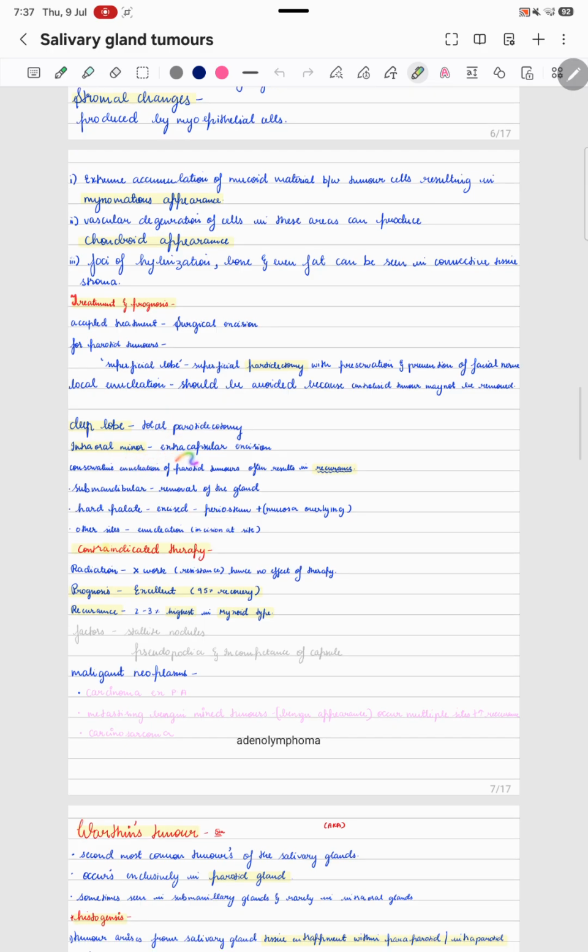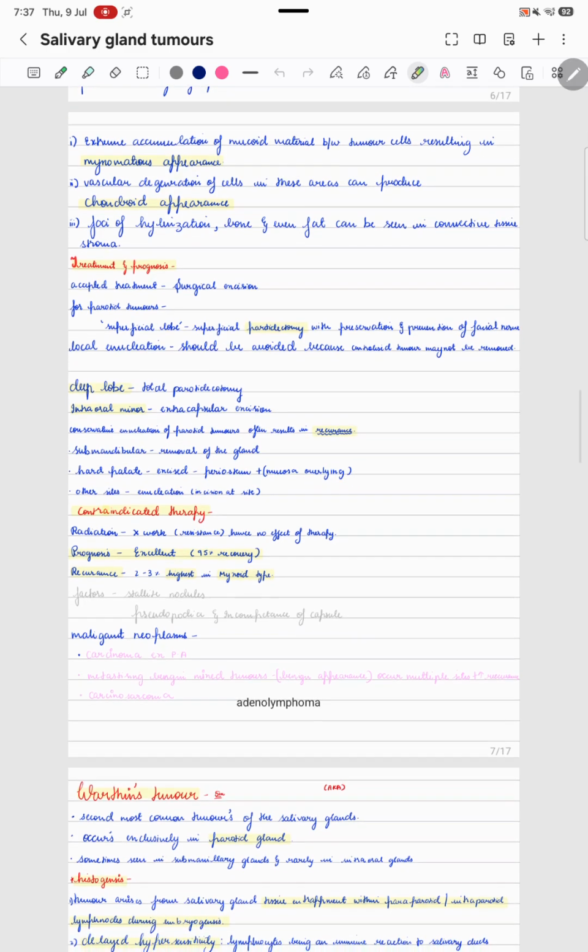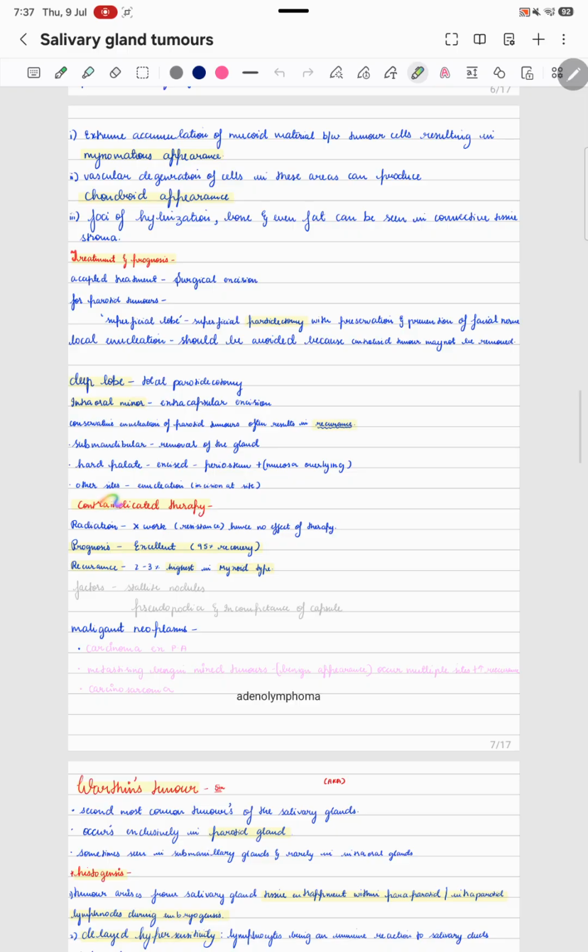Intraoral minor salivary gland tumors can be treated by extracapsular excision, as conservative enucleation often leads to recurrence. For the submandibular gland, removal of the gland. For the hard palate, excision with a little bit of periosteum and the overlying mucosa. In the other sites, enucleation.